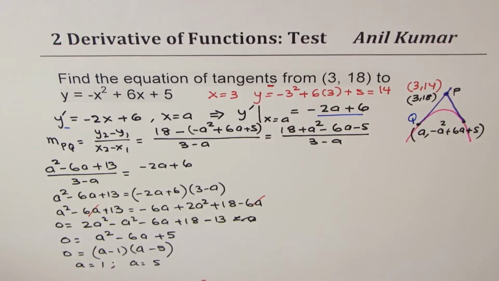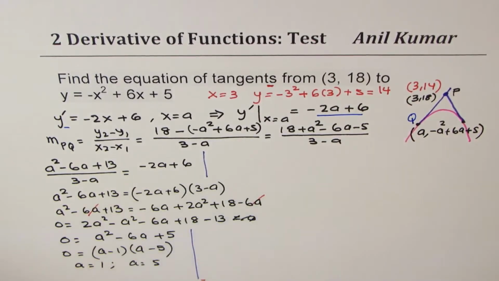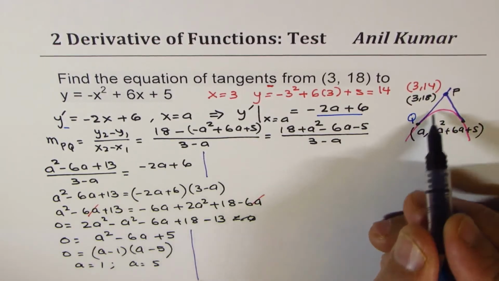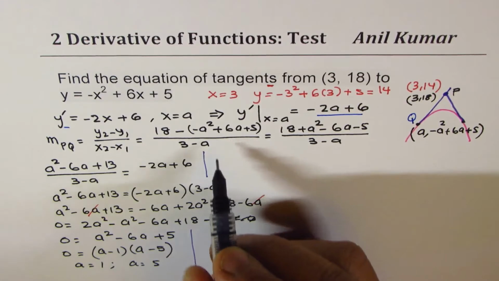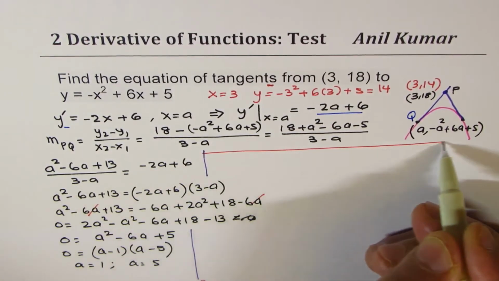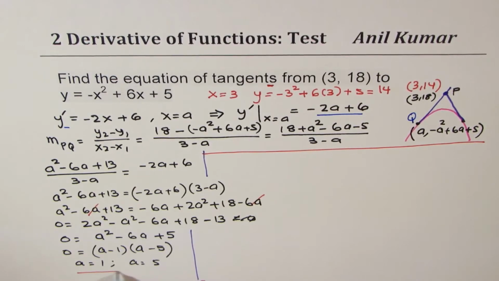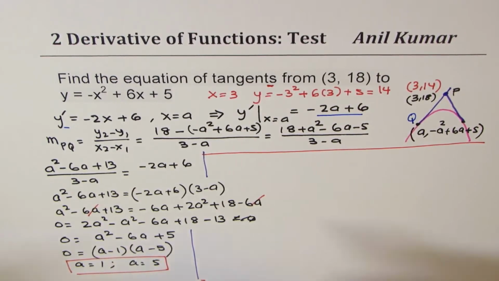Now to find the points, we can substitute these values of a in the equation and find, on this parabola, what the y value is, correct? So let me just make some room here for further calculations. What we found here is that the value of a could be 1 or 5.